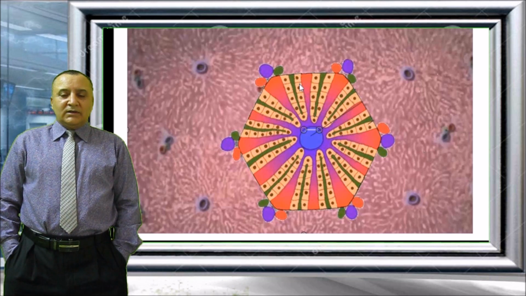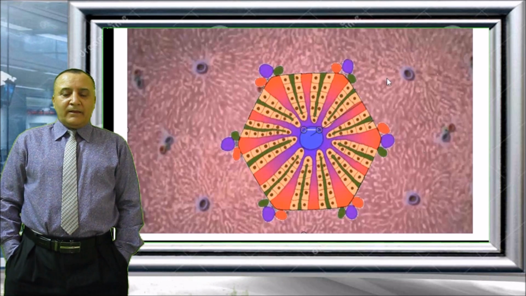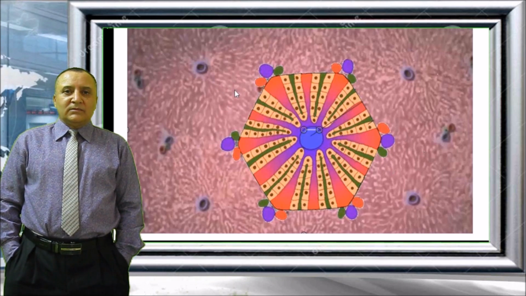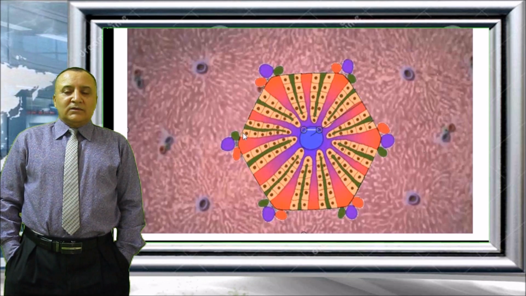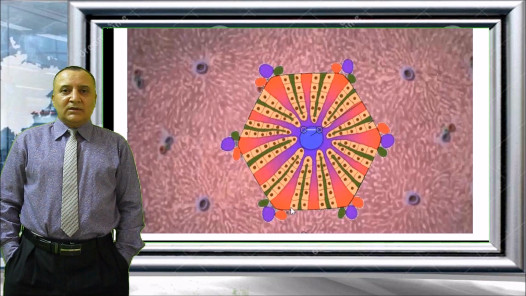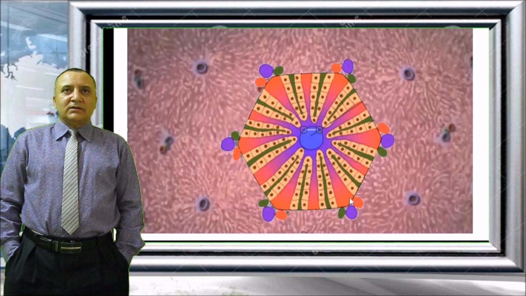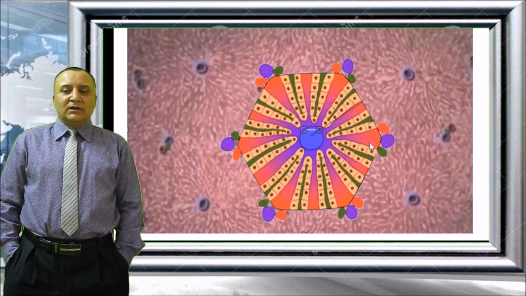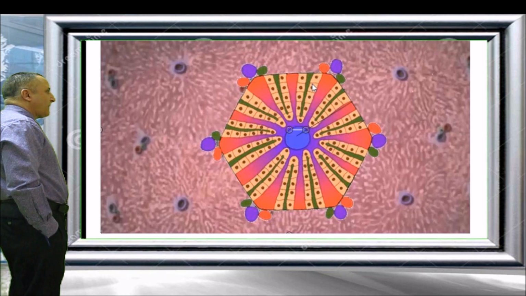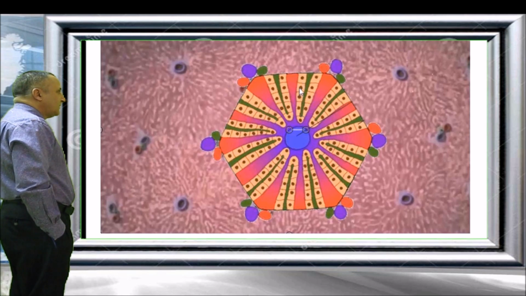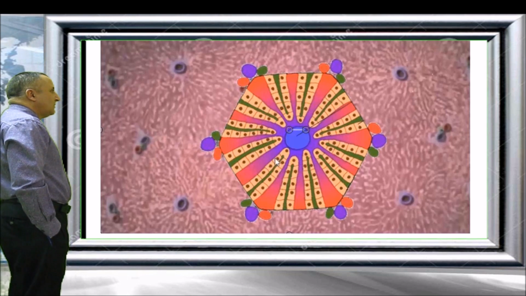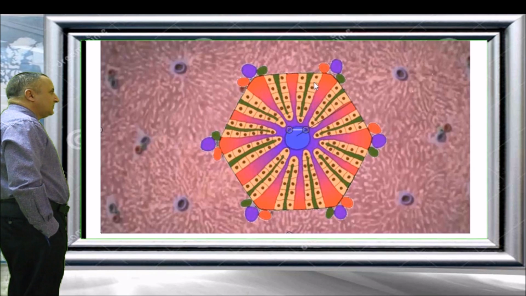So you can see here, this is the liver lobule structure, which was already shown to you. This is one of the hexagonal lobules, and this liver lobule has cellular plates of hepatocytes in the form of two rows that resemble sheets arranged like the spokes of a wheel.